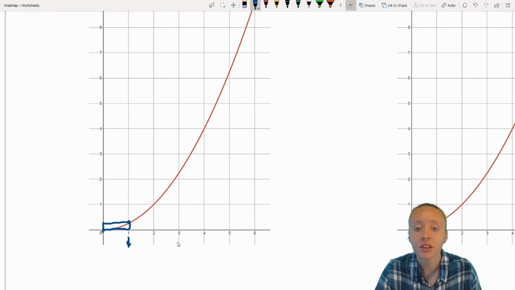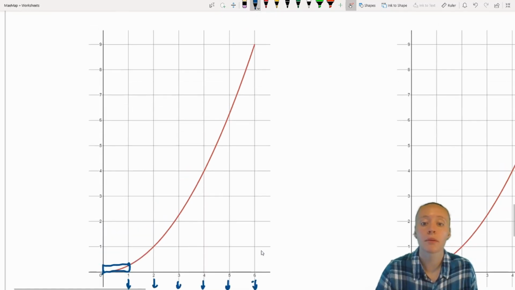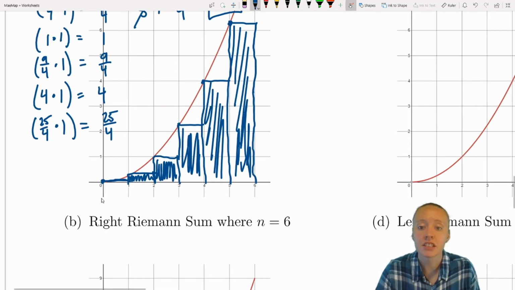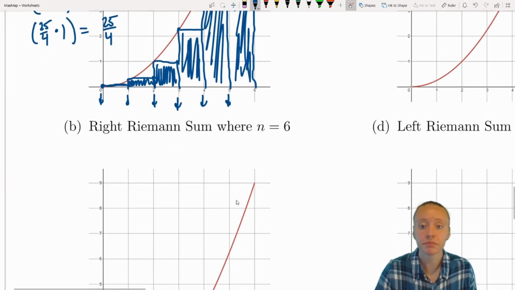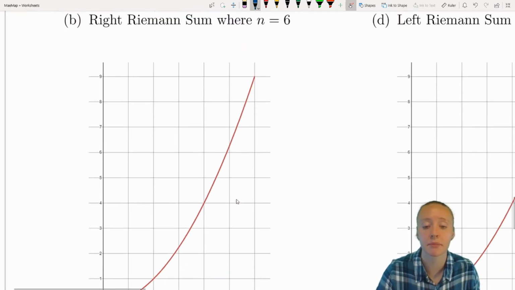So right away, I know that my vertex is going to be at 1, 2, 3, 4, 5, and 6 in the x, where up above, it was at 0, 1, 2, 3, 4, and 5. I'm just using that opposite side of my rectangle.